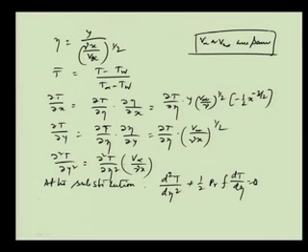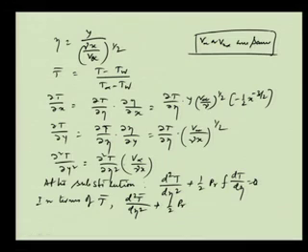Now, in terms of dimensionless temperature, it is becoming d²T̄/dη² plus half of Prandtl into f dT̄/dη, this is equal to 0.